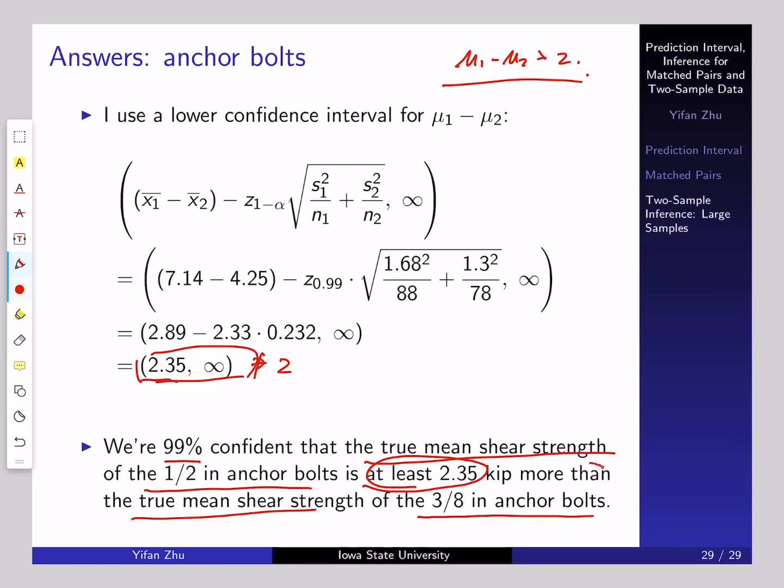Okay. So when you do the interpretation of the confidence interval for the difference, you should always say which one is more than which one by how much.